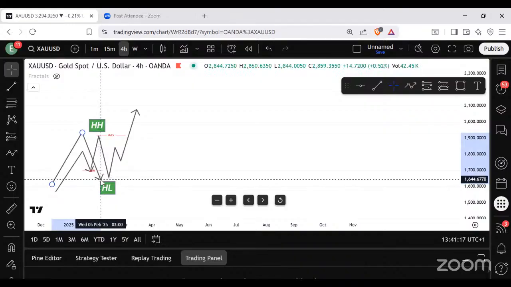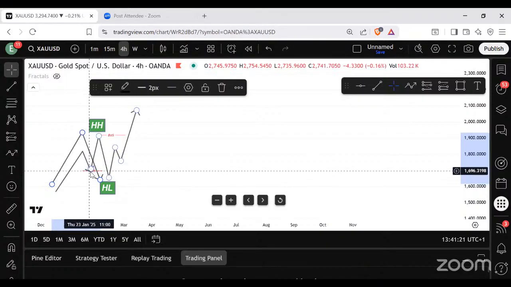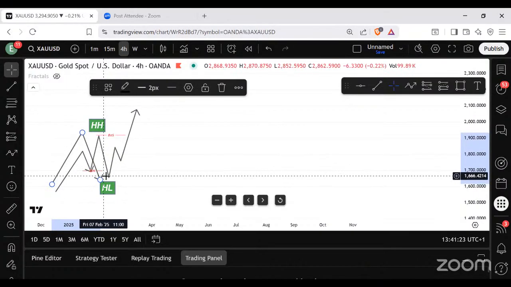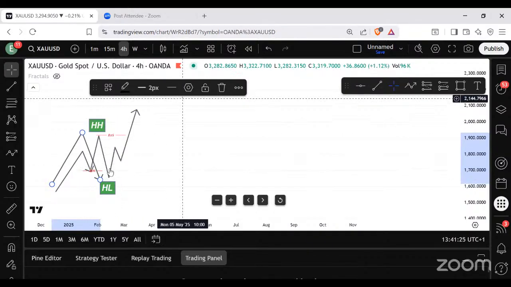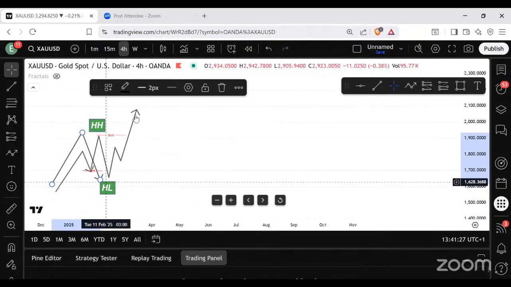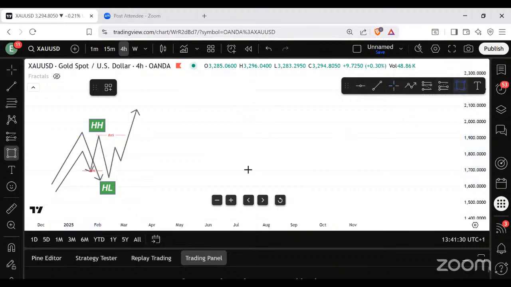First, we identified the impulsive move. Then we identified the inducement. Then that is a correction. Then we identify the continuation move, which is where we are looking to enter the trade.